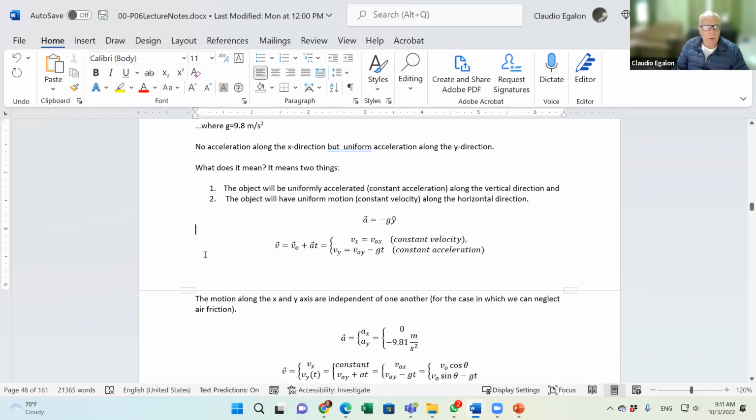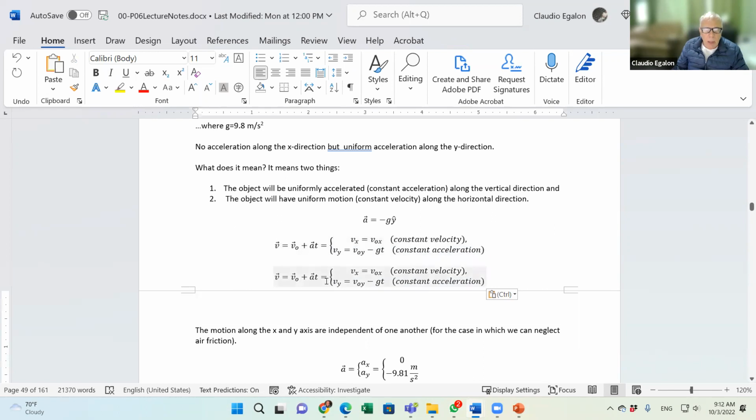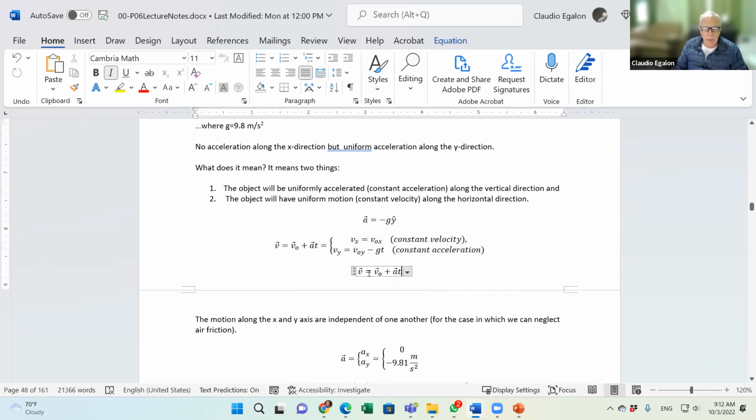Okay, I'm going to write it in a different way now. Another way. We can write that down as being V naught x along the x direction.